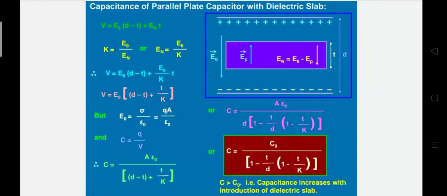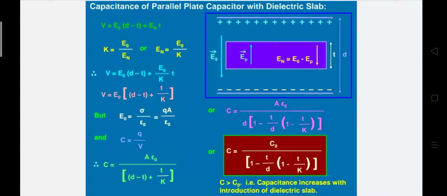Ep is the electric field that is developed inside the dielectric material, and E naught is the external electric field, that is the electric field between the plates of the capacitor. Then the net electric field inside the dielectric is E, which is equal to E naught minus Ep.